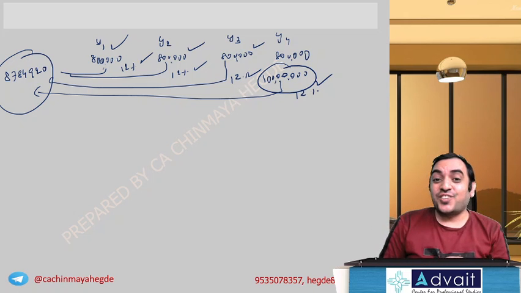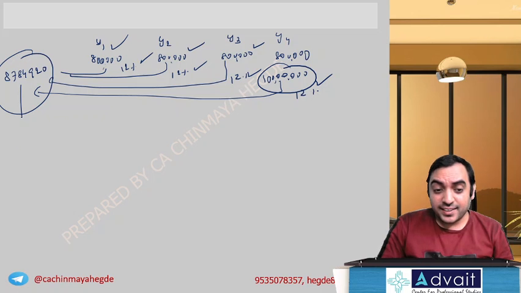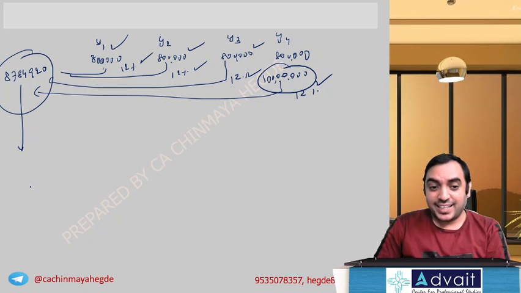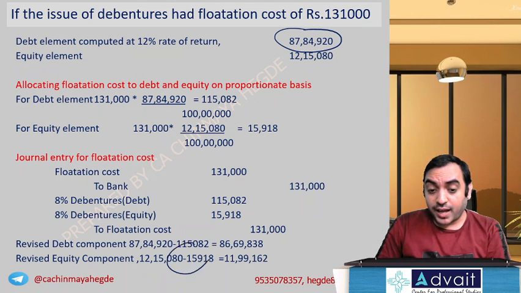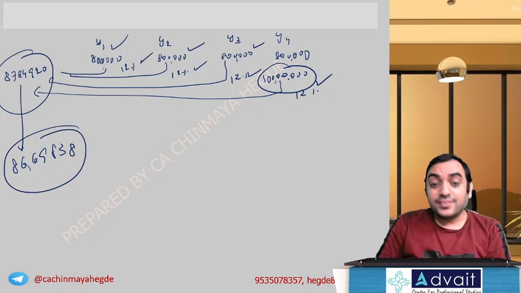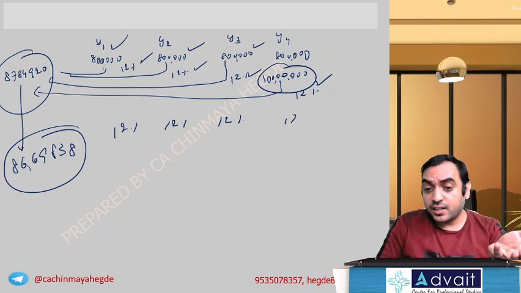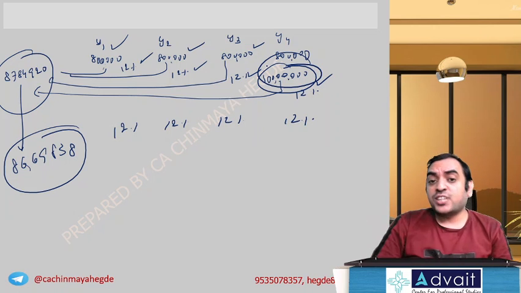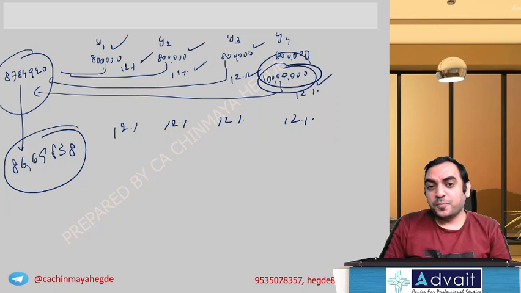Now because of the transaction cost, you are not taking 87,84,920; you subtract 1 lakh 15,082. The revised amount became 86,69,838. Now on this, if I keep charging 12% every year, do you think 100 lakhs will come after year 4? What is your opinion?